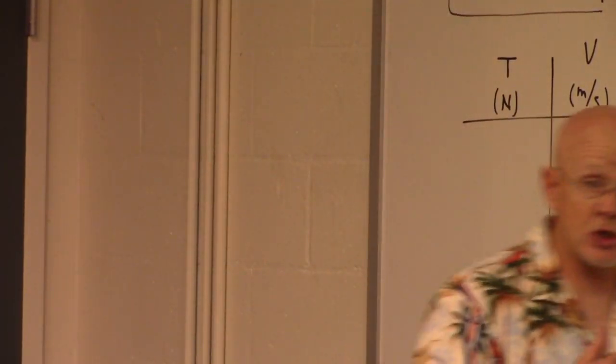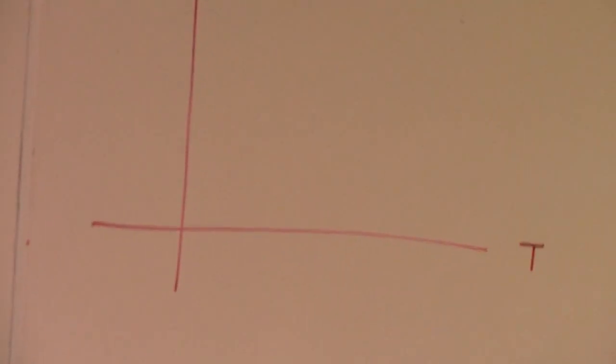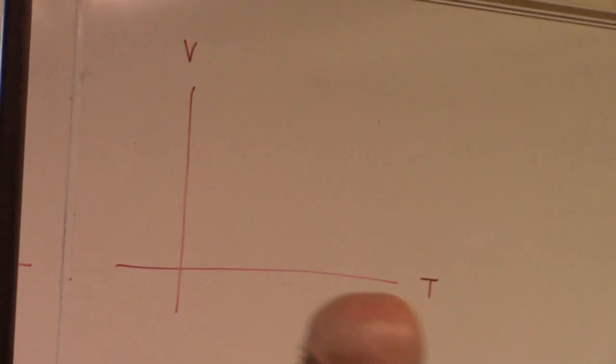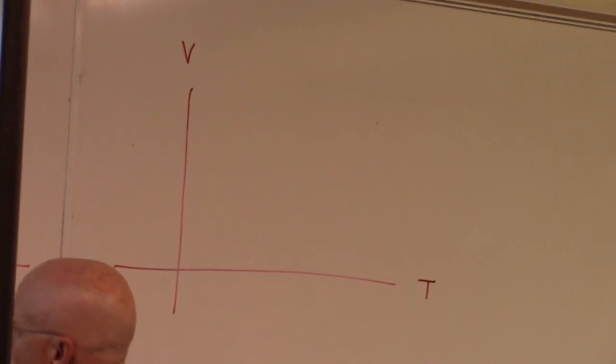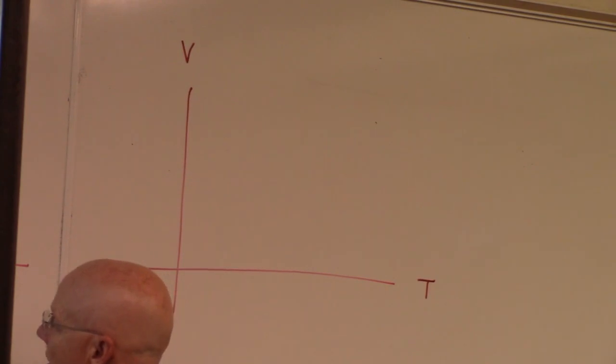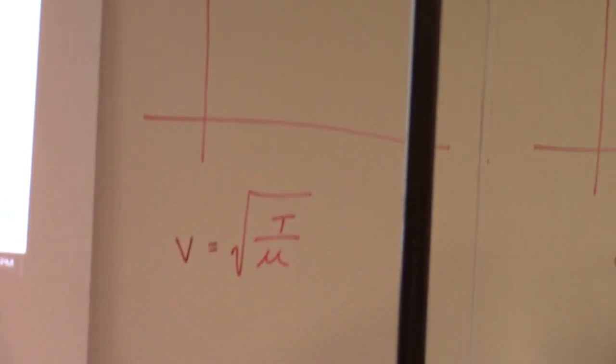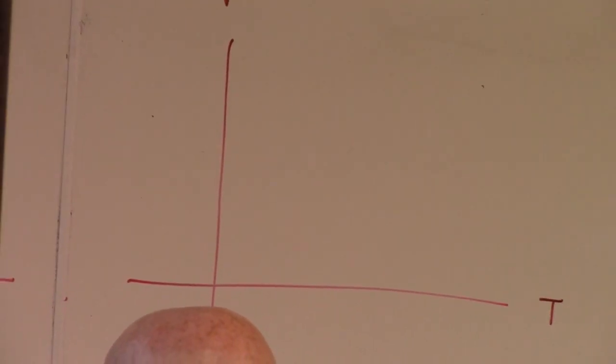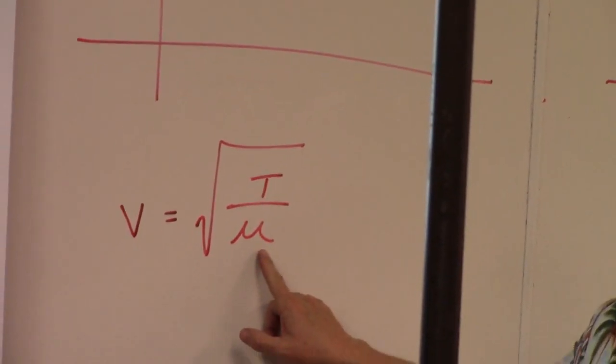That's the connection we're trying to analyze here. On the vertical axis, we have velocity, and the horizontal axis, we have the tension. Now, I'll rewrite the equation over here, but remember, the equation we're trying to see and prove if it is valid is this one, which is a square root function. And, of course, in addition to the square root of the tension, you have the square root of the mass density.